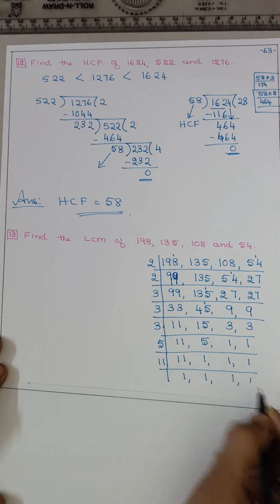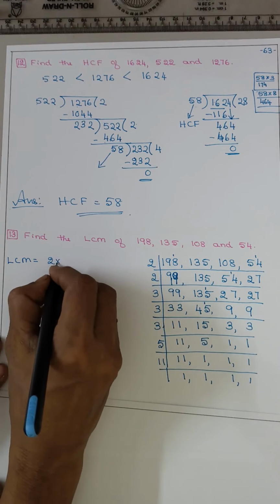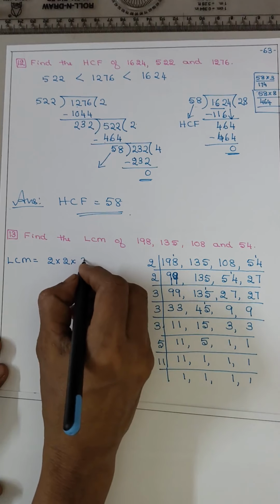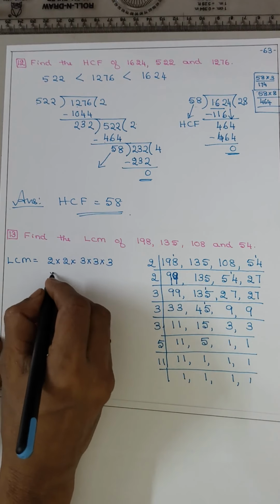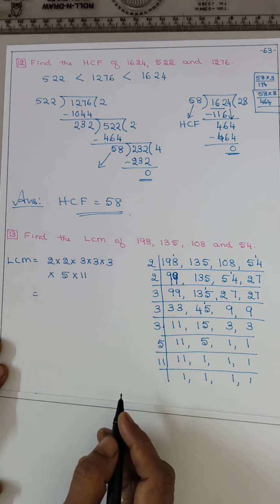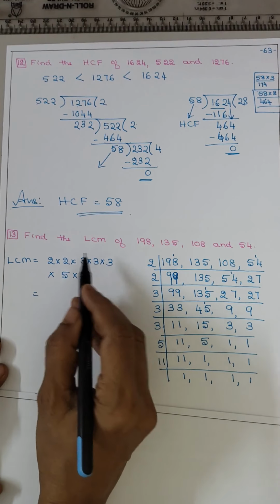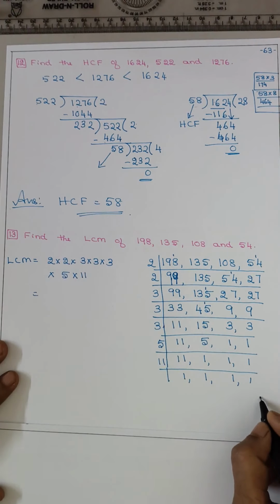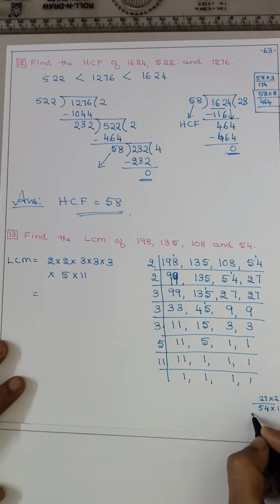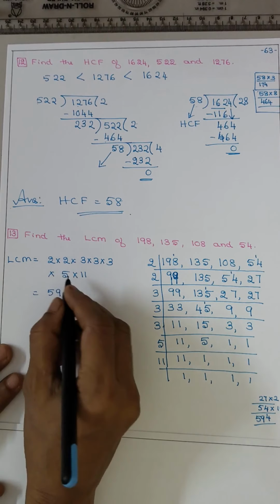So LCM is equal to 2 times 2, 3 times 3, now 5 and 11. 2 and 5 make 10, keep that separate. 3 3s are 9, 9 3s are 27, 27 2s are 54. 11 4s are 44, 11 5s are 55 plus 4, 59, 594, and 2 5s are 10.